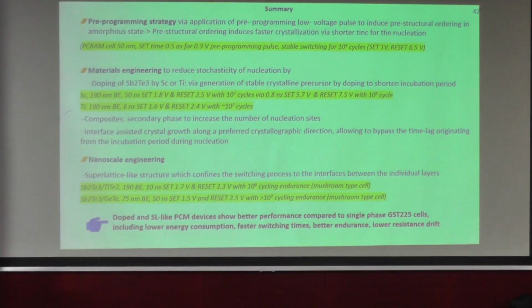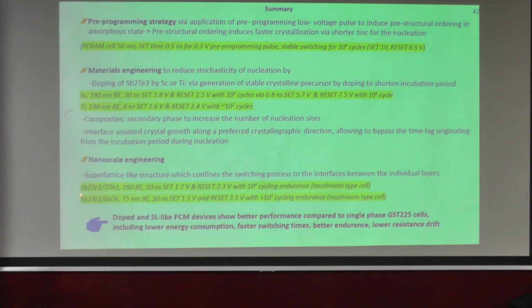Composites can also be used. In this case the secondary phase is used as a template for the nucleation of the GST material, and interface-assisted crystal growth can also be used to speed up the crystallization. Nanoscale engineering is based on the formation of superlattices, and I showed you 2 examples.